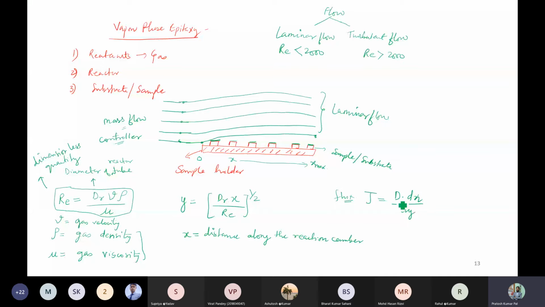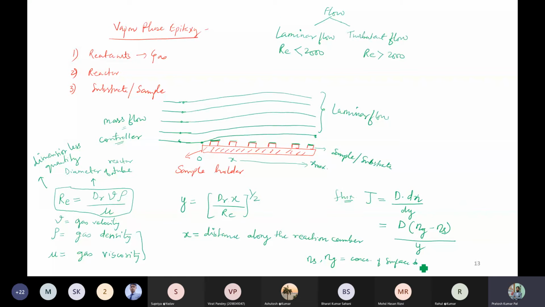In another form, J is given by D times (Ng minus Ns) divided by y. Here Ng and Ns are the concentration of gas and the concentration of the surface.